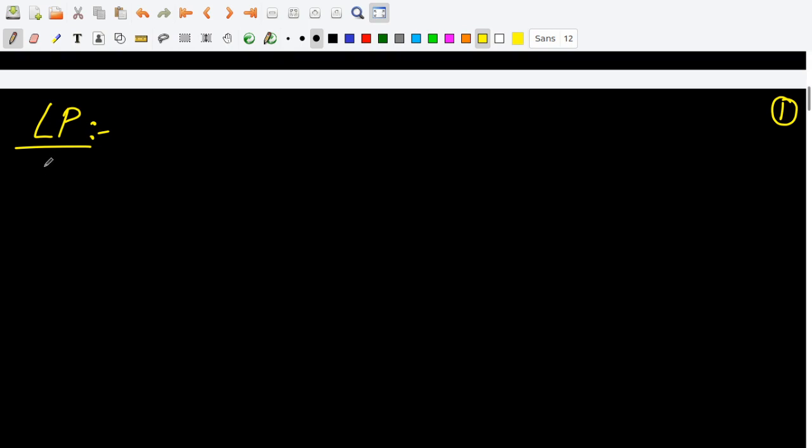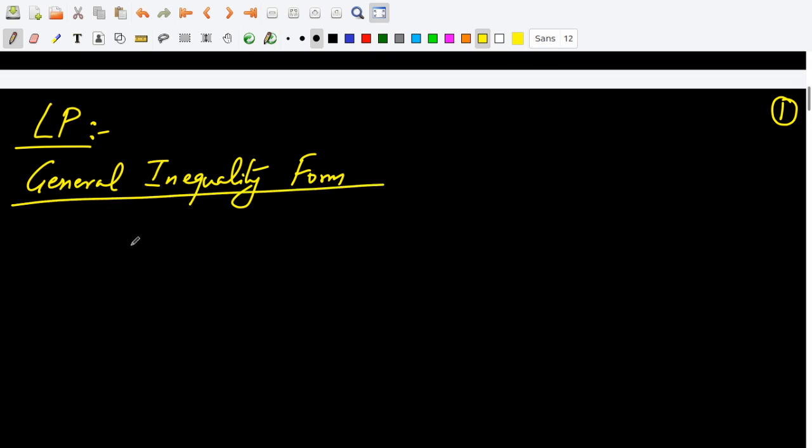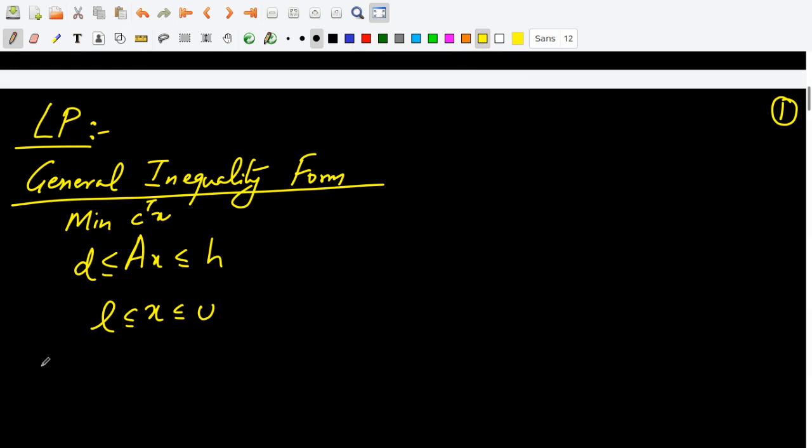One is the general inequality description, which is of this form: Ax less than or equal to some vector h, and I am trying to minimize c transpose x, and x is between some lower and upper bounds.